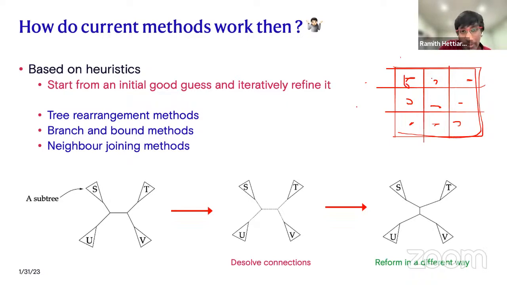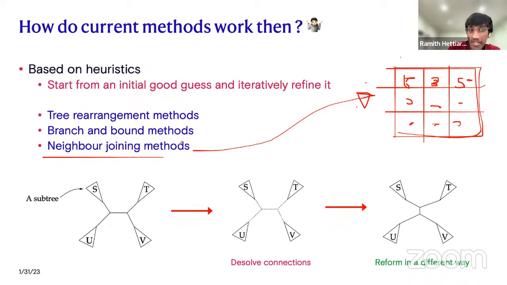Each of these values means some distance between those two species. So neighbor joining methods start with this matrix, disregarding all the sequence element-wise info, and they can come to a good tree topology.